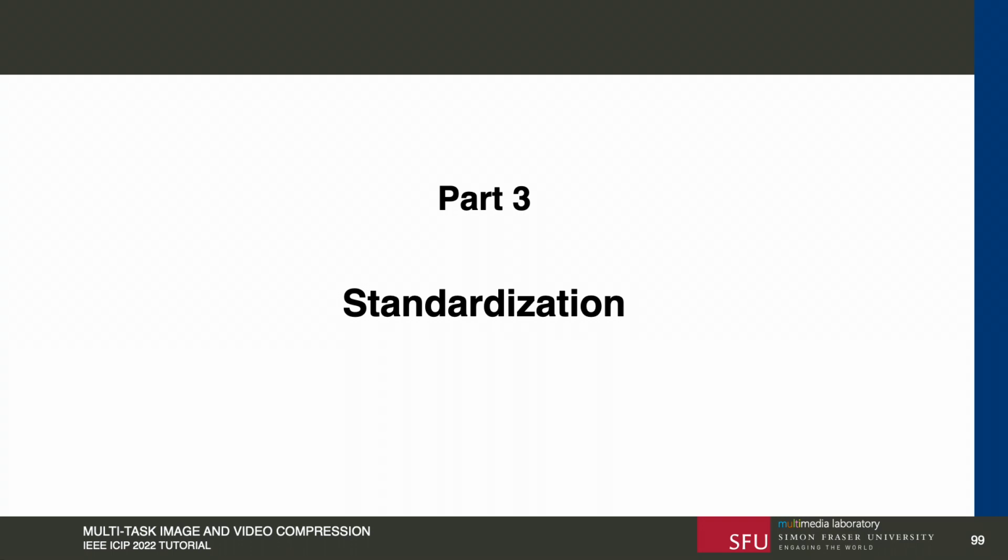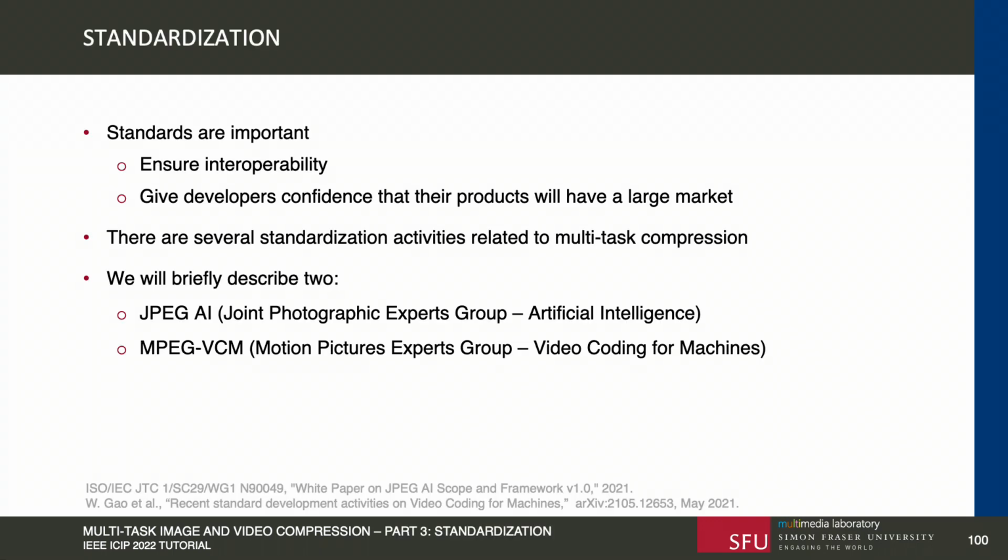And in the final part of the tutorial, I'd like to talk a little bit about the current standardization efforts that are related to multitask image and video compression. In particular, we will briefly talk about JPEG AI and MPEG VCM, video coding for machines.